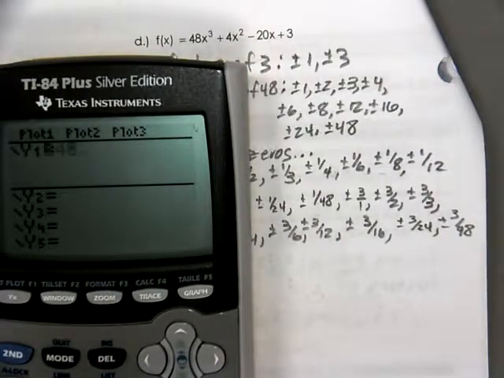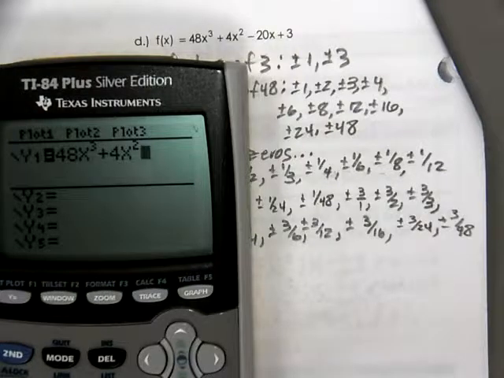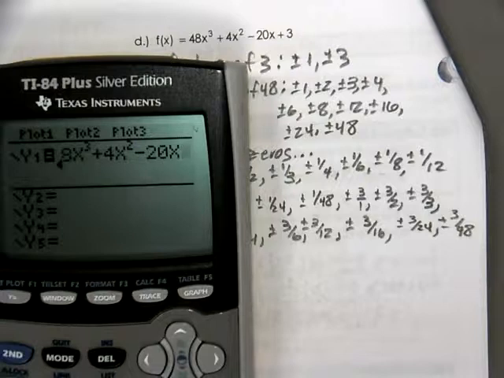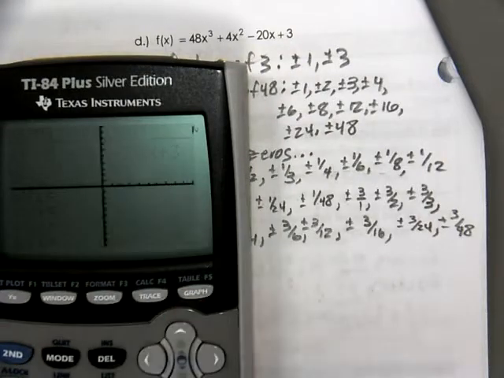So we're now going to look at 48x raised to the third power plus 4x squared minus 20x plus 3. We're going to try to see whereabouts that this is crossing at.